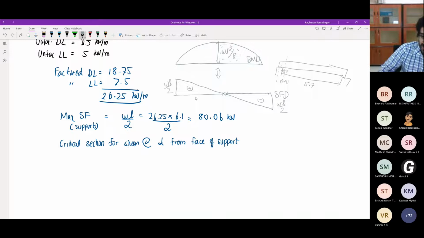So 6.1 meters going this way, 6.1 meters to that side. This whole width is 300 mm, so this is 150 mm. And here I have to take the section which is 410 mm. Sorry, effective span, no?